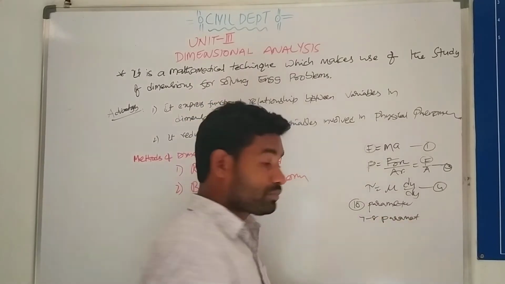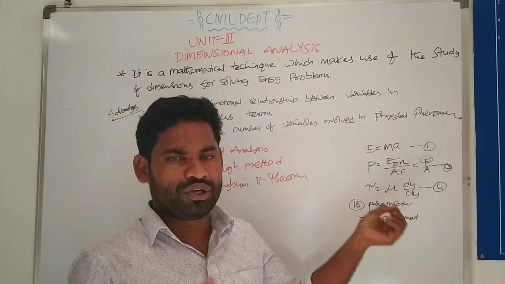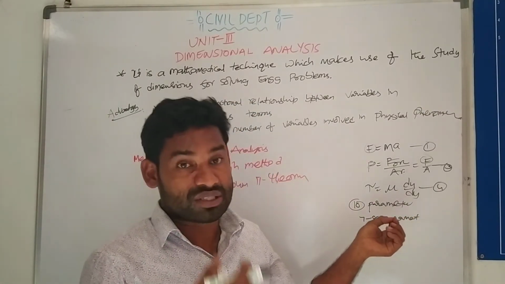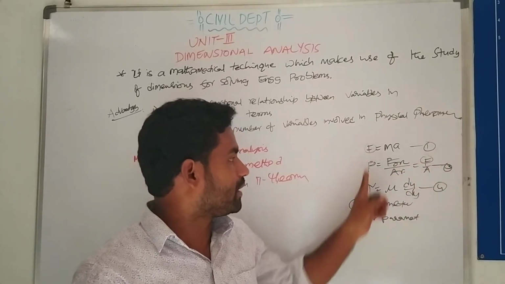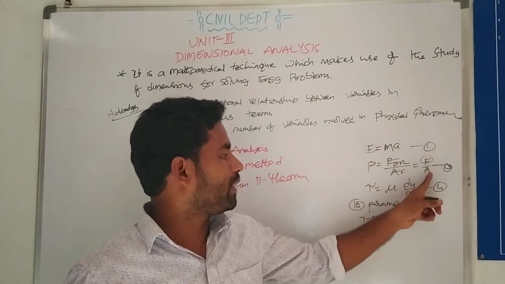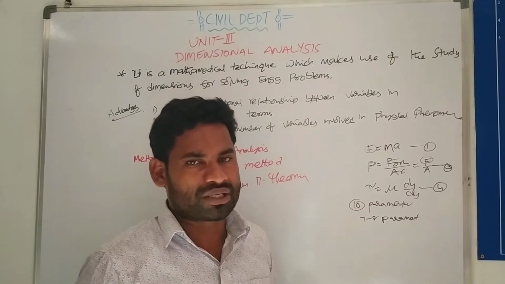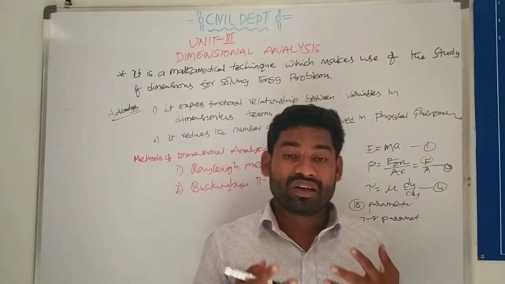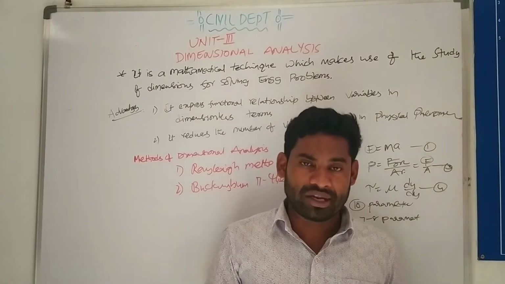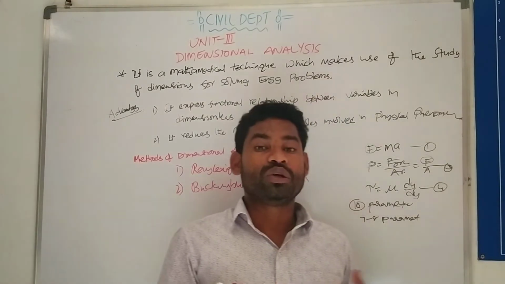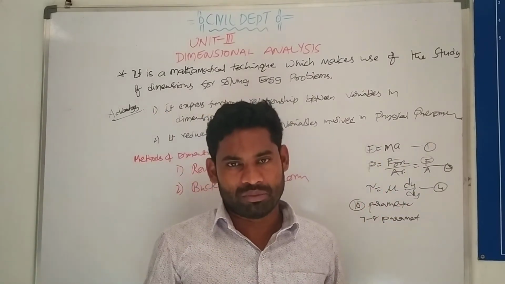Just for simple force equations, in three equations we have 7 to 10 parameters. So while designing a centrifugal pump, a reciprocating pump, a turbine, an aeroplane or a ship, thousands of parameters will be there.